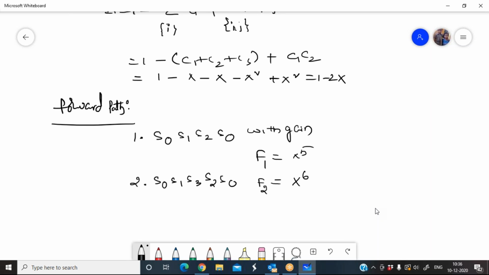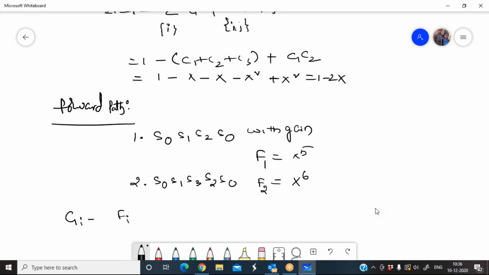What is the next step? You have to draw the graph Gi. That's why I told you those points are very important. That graph Gi can be obtained by removing the states of the forward path i, or Fi.